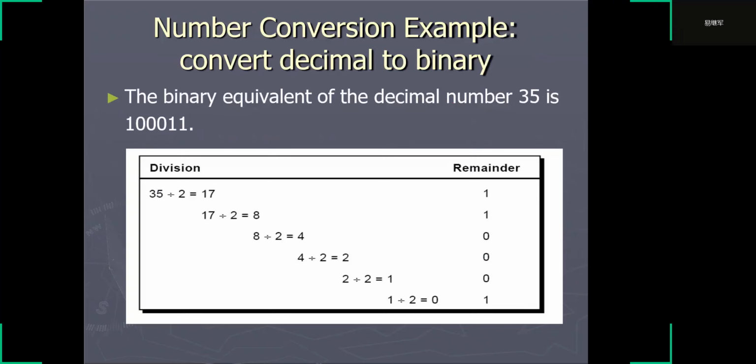In the 2's complement computation, each bit from right to left is inverted only after the first one is detected.